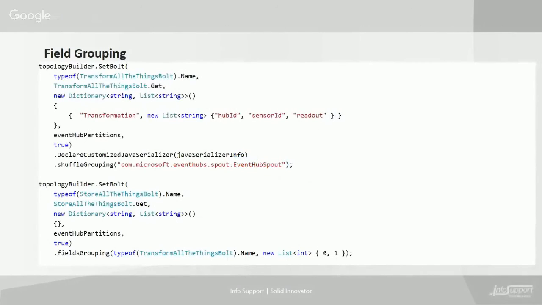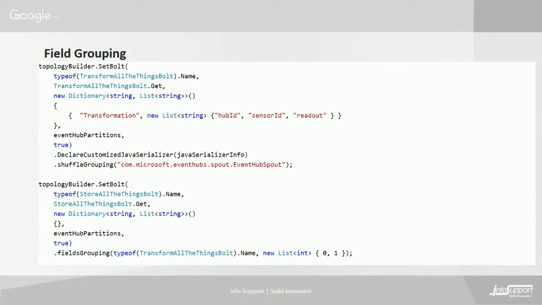Here we see the field grouping in another example. So I have a bolt which says, oh yeah, the data which I output has these characteristics, and the store-all-the-things bolt needs to receive the information per field. So here I need to use indexes to align to that.